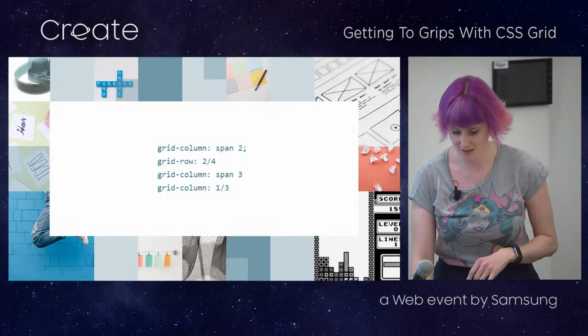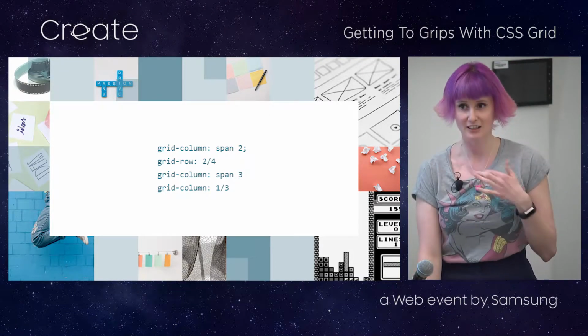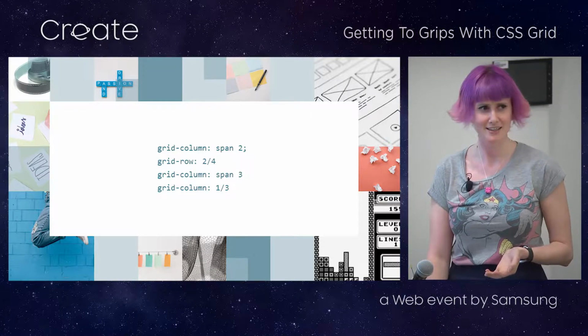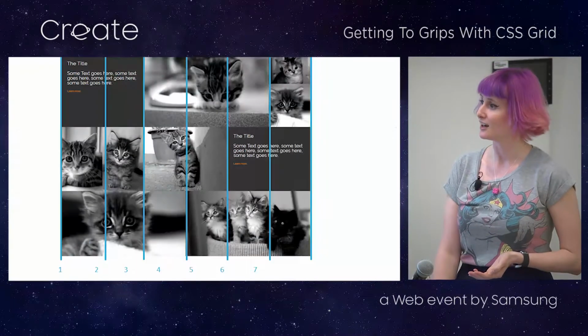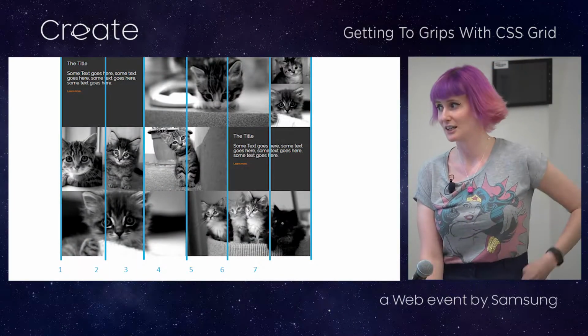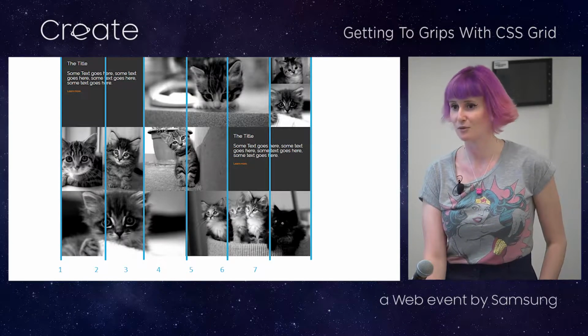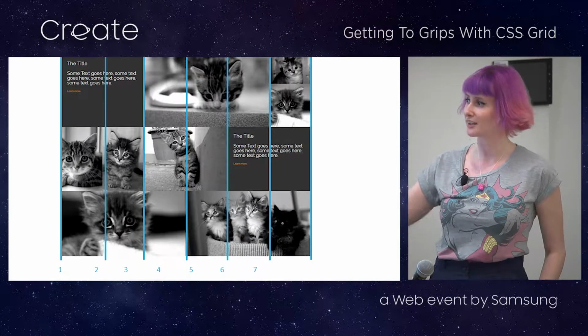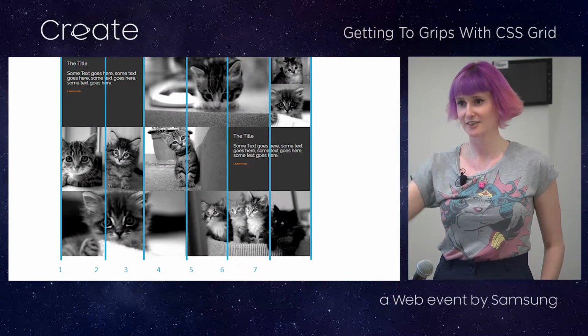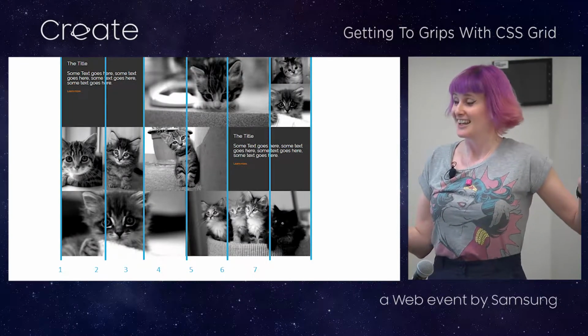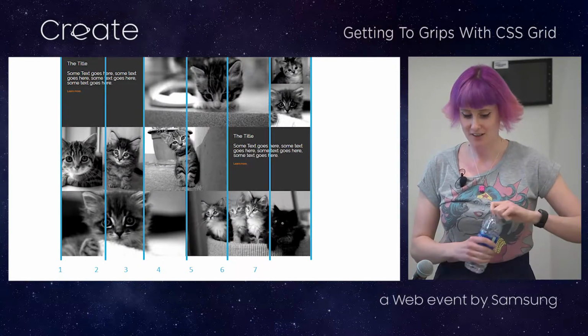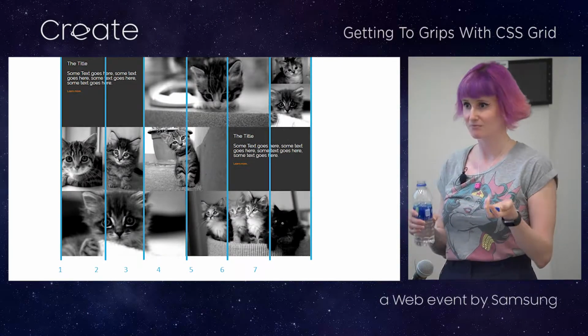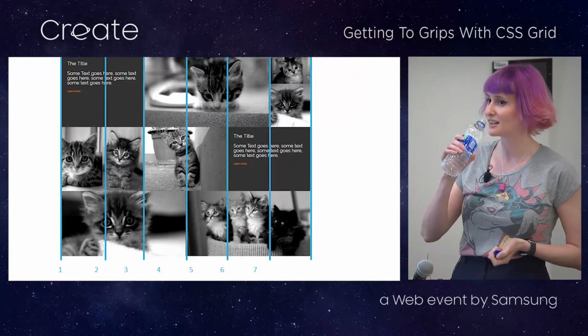And these numbers for the grid lines can be positive or negative if you so wish. So these would be our numbered grid lines. If we wanted to go negative, it would start at the right-hand side with -1, -2, -3, -4, -5. It's an option that's available to you. You can use it when you're setting which one you want it to start and end at.